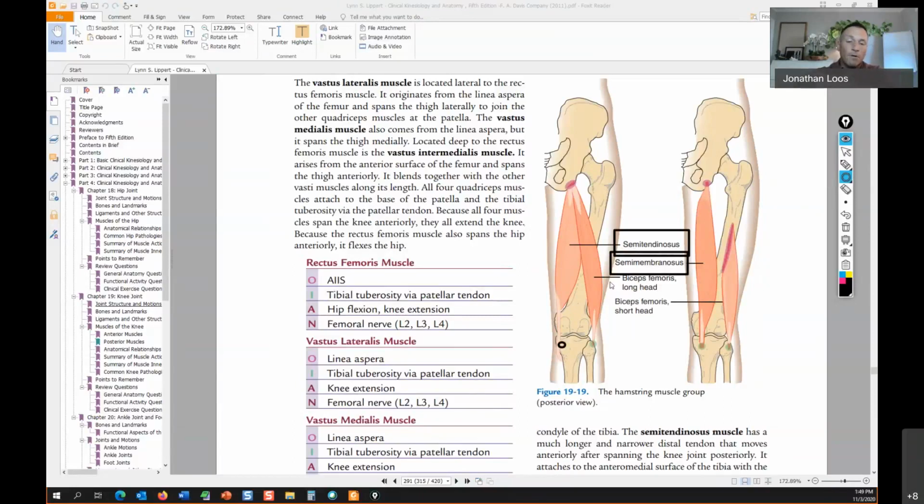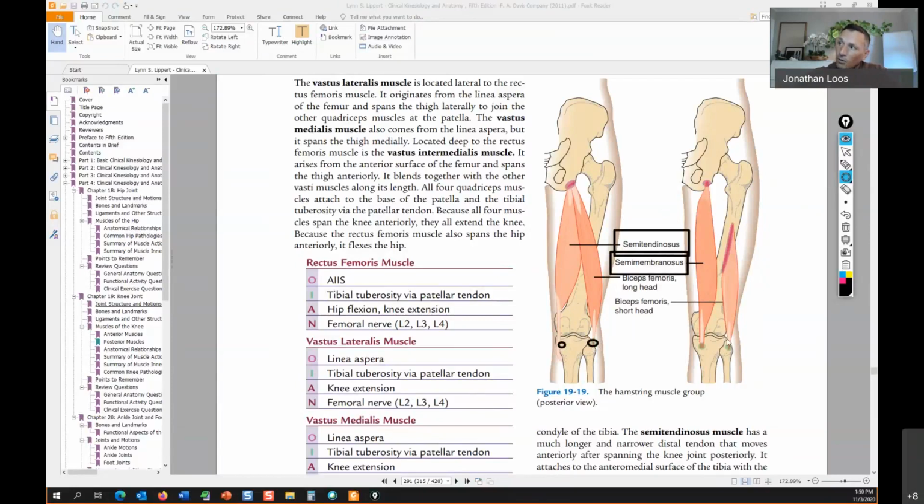And the biceps femoris is almost the same layout as the biceps brachii, except that it converges down. So the long head of the biceps originates up here across the hip. So it's a hip extensor and comes down and attaches to the posterior aspect of the fibular head right here.